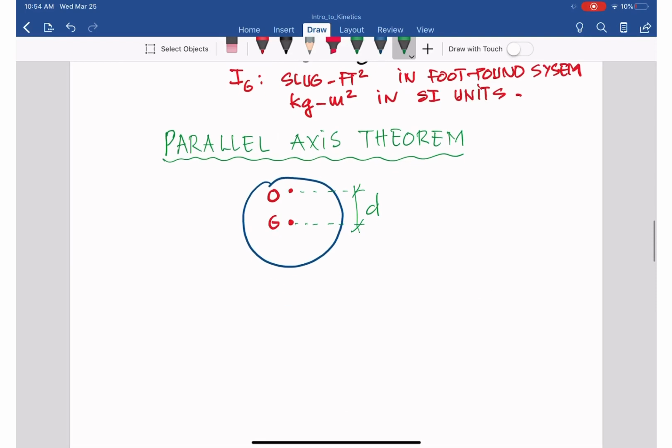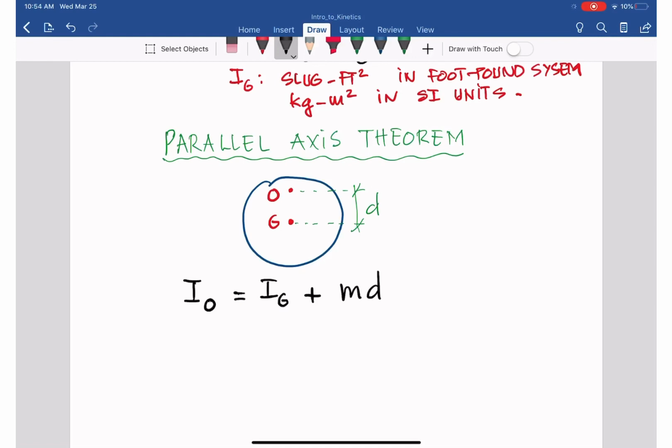So the parallel axis theorem states that the mass moment of inertia about the axis going through O is equal to the mass moment of inertia about the parallel axis going through G, plus the mass of the rigid body times the distance between those two parallel axes.